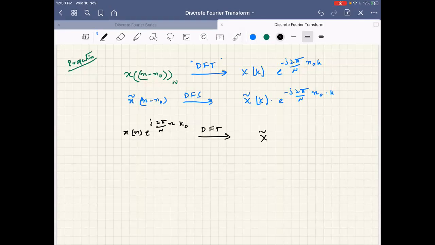X tilde of k minus k naught. Fine, but we want to restrict the whole information to one period, and hence it is n. Is this tilde required? No tilde will be there, because the number of samples of the original sequence is n, an n sample sequence. Okay, then frequency quotients.